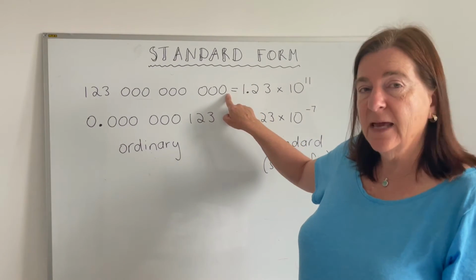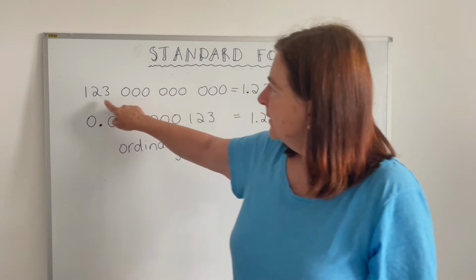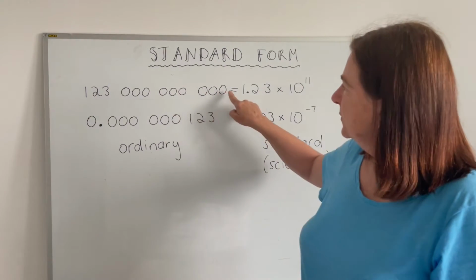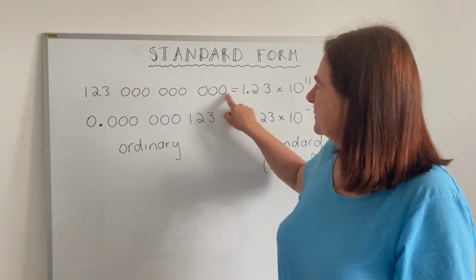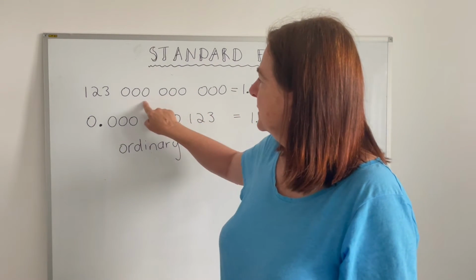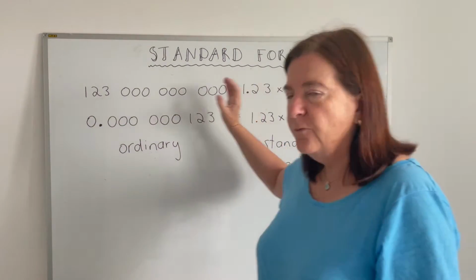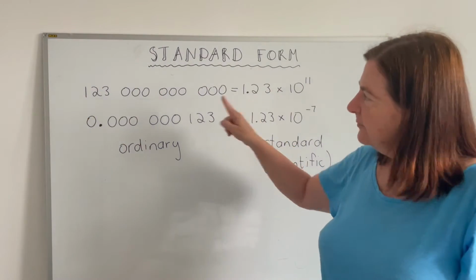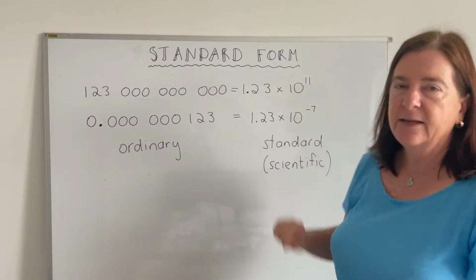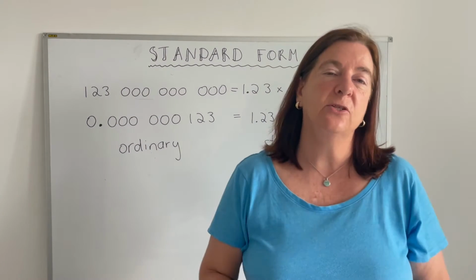Now, because standard form is always with the decimal after the first digit, the decimal would have to go there, 1.23. So to move it from there to there, it's moved how many places? 1, 2, 3, 4, 5, 6, 7, 8, 9, 10, 11. So in making this very large number more compact, I've moved the decimal 11 places. So that's why it's 10 to the 11. The index indicates how many places or spaces you've moved the comma.